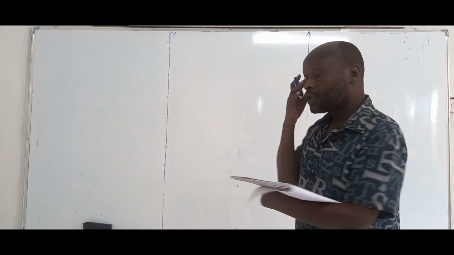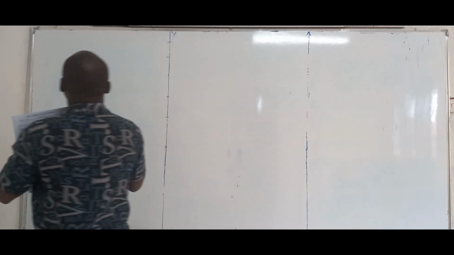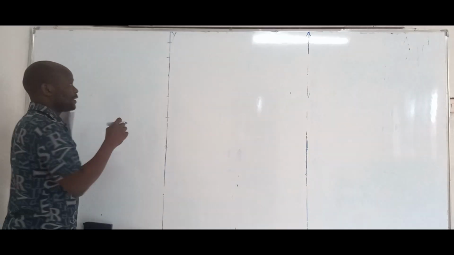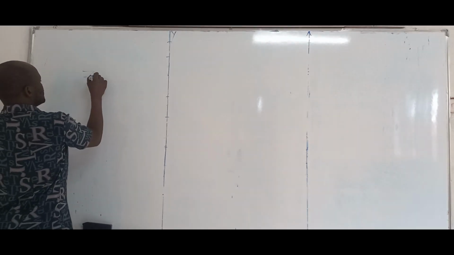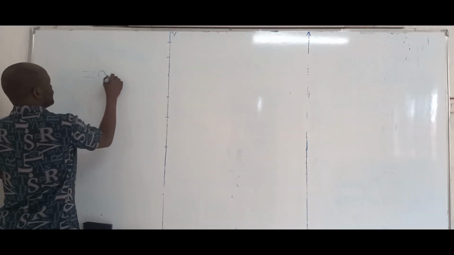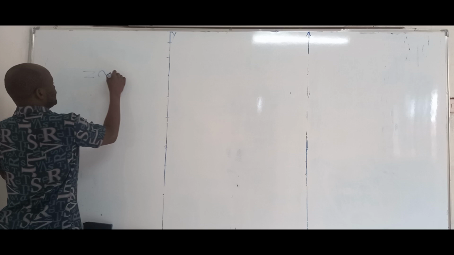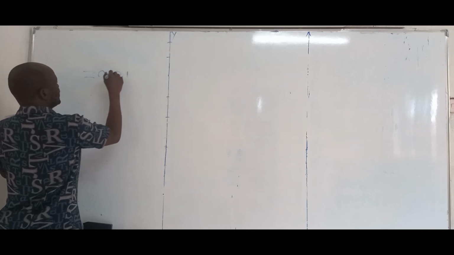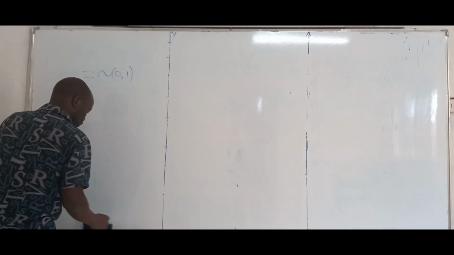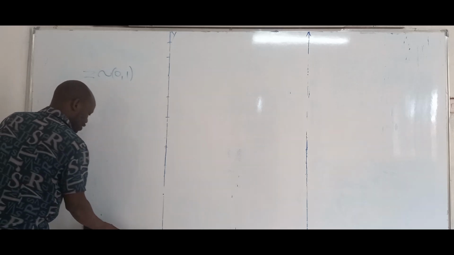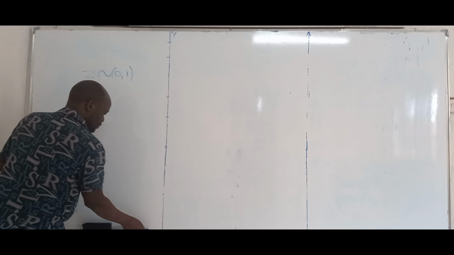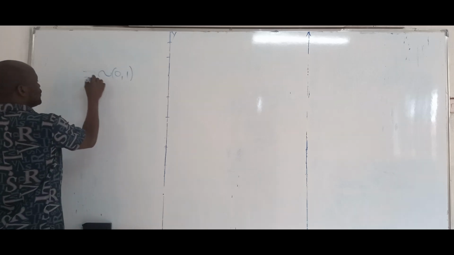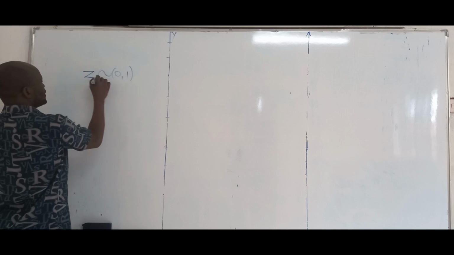That is 3 marks. So first, we should remember that whenever dealing with normal distributions, it is standardized. Standardizing means we take it to Z with a mean of 0 and a standard deviation of 1. So whenever you see such an abbreviation, it simply means that the values of the Z scores are already standardized.